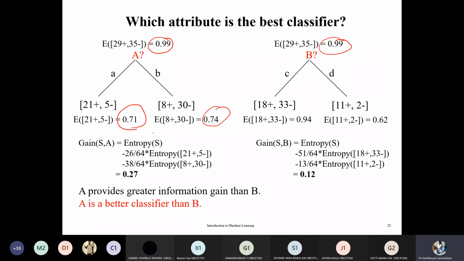So gain is nothing but entropy of S minus the attribute term, so either way I can go. Now entropy of S minus 26 by 64 into entropy of 21 plus 5 minus, minus the right branch. I am calculating left branch minus right branch.